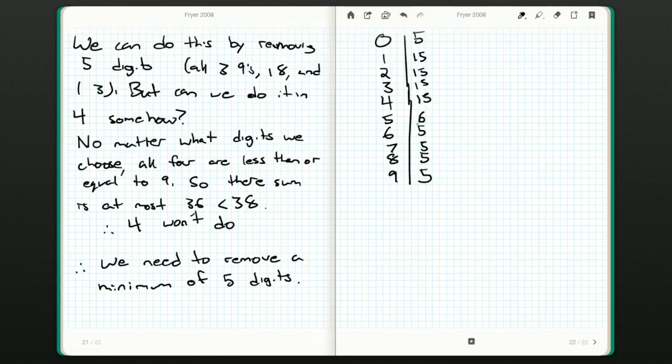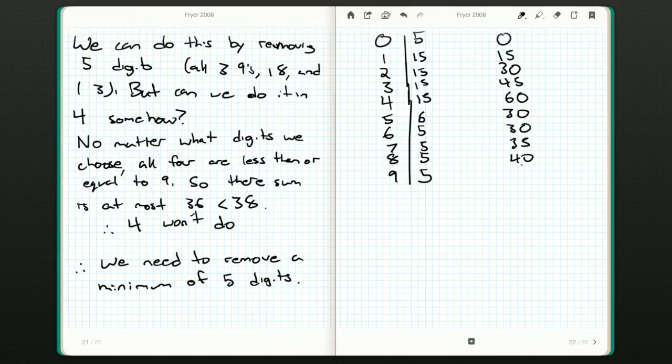So once again, we have exactly one even group and we have a bunch of odd groups. And we want to make most of those odd groups, all but one of them, into an even number. But at the same time, we're also trying to get a specific target sum. So what is that sum? Well, we have 5 zeros, and that gives us 0 for our overall total. 15 ones, 15 twos, 15 threes, 15 fours, 6 fives, 5 sixes.